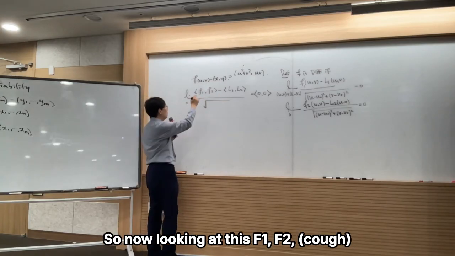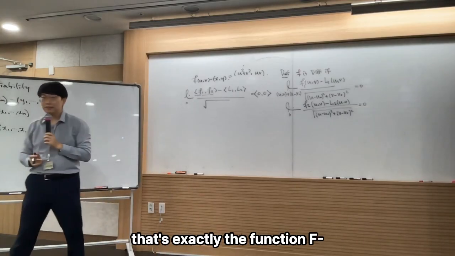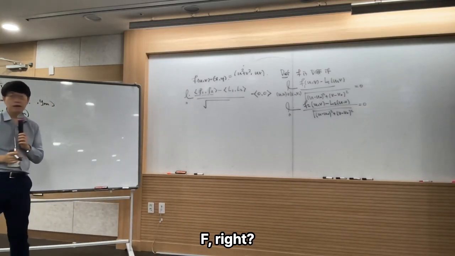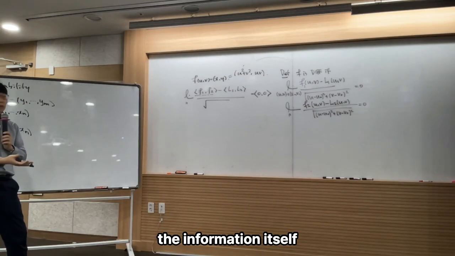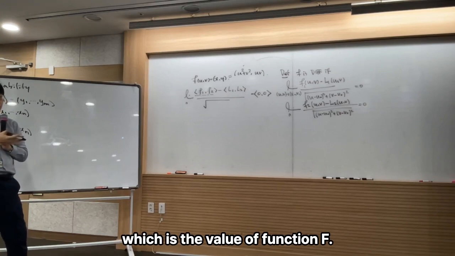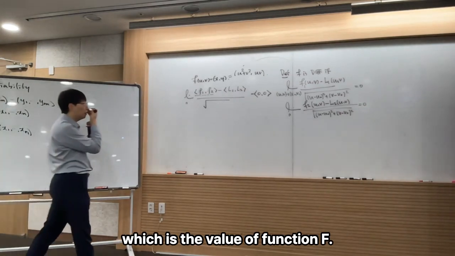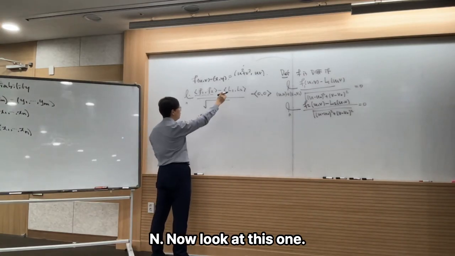Now looking at this F1, F2, that's exactly the function f. Although the value is not given as a vector, the information itself is just a pair of numbers. The values are f1 and f2, which are the values of the function f at x and y. So we can say that this is f, and now look at this one.